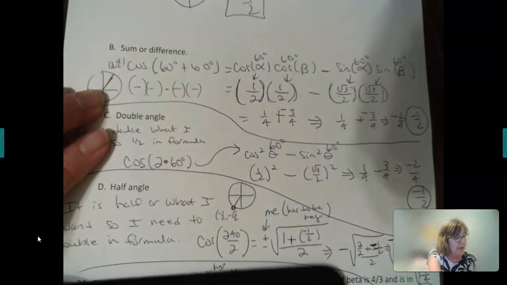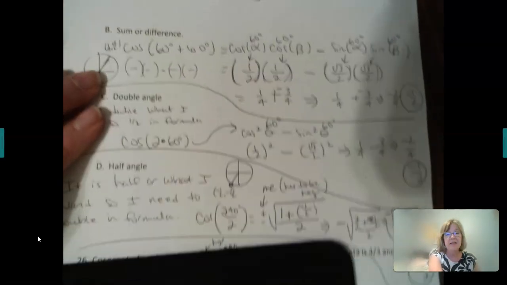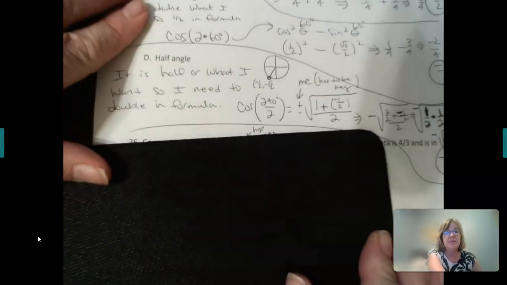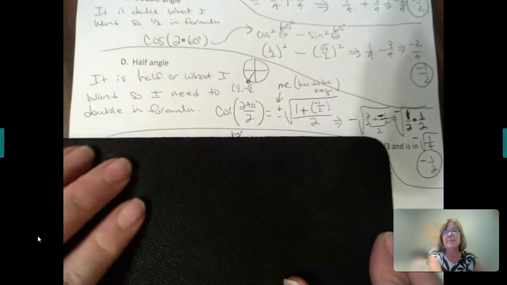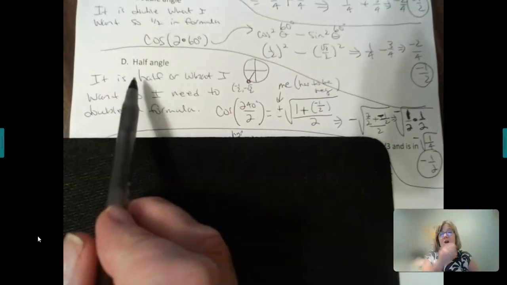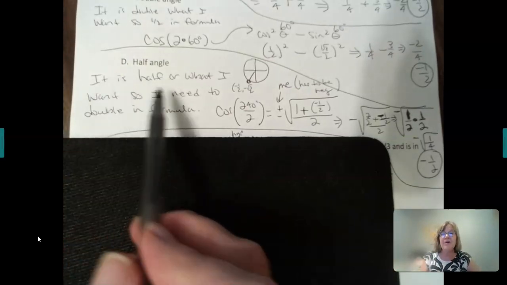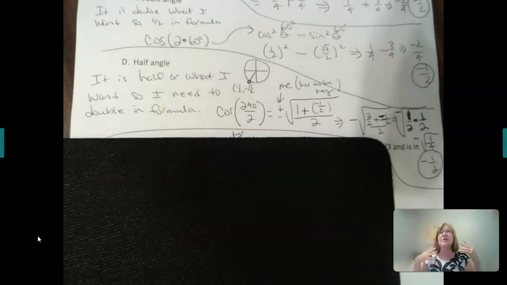All right, the half angle. Kind of the same deal. People are like, why is it called the half angle? That doesn't make sense to me. Okay, so it is half of what I want. Say you're given cosine of 22.5. And you're like, gosh darn it, it is half of 45. I really want 45 degrees.